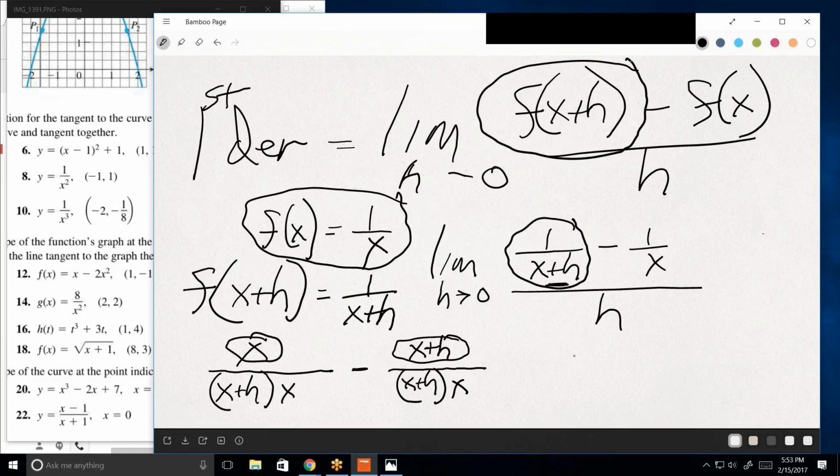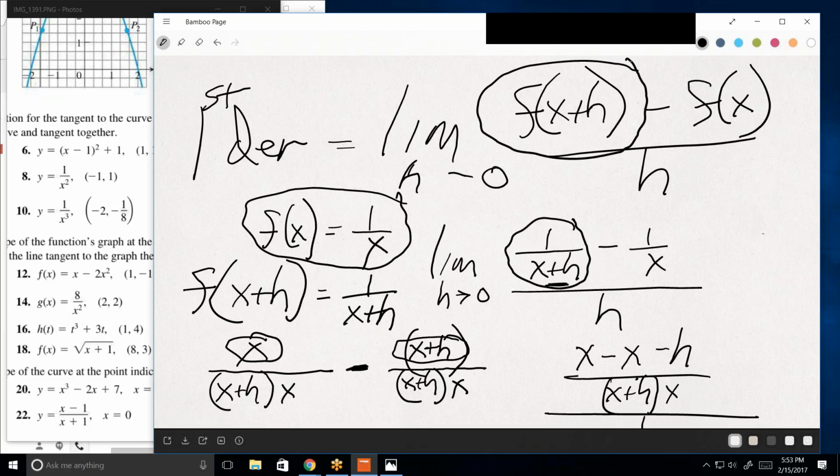Now I have the following. x minus x plus h, because this negative sign has to be distributed to both the x and the h. In other words, that's in parentheses. You with me? Yes. All over x plus h times x all over h.